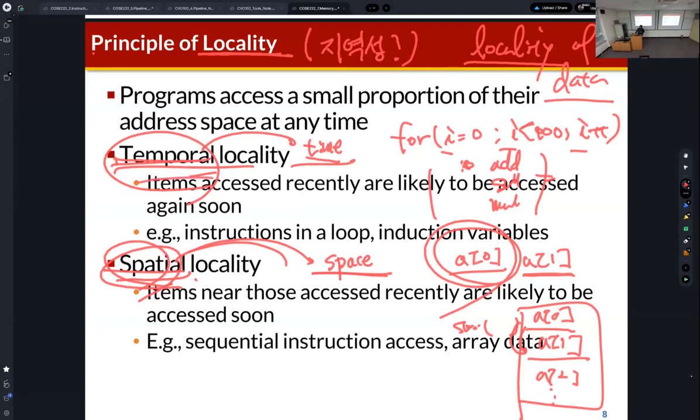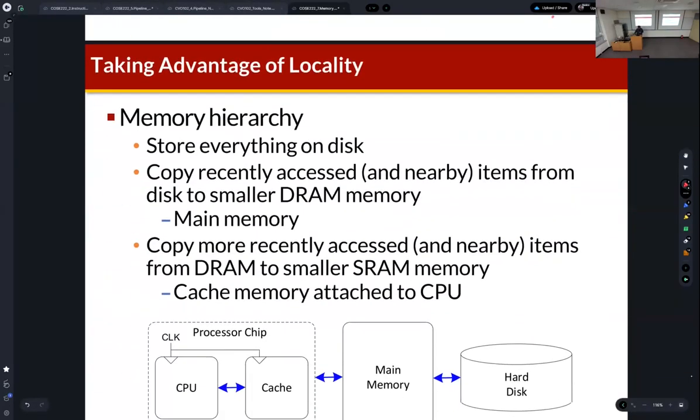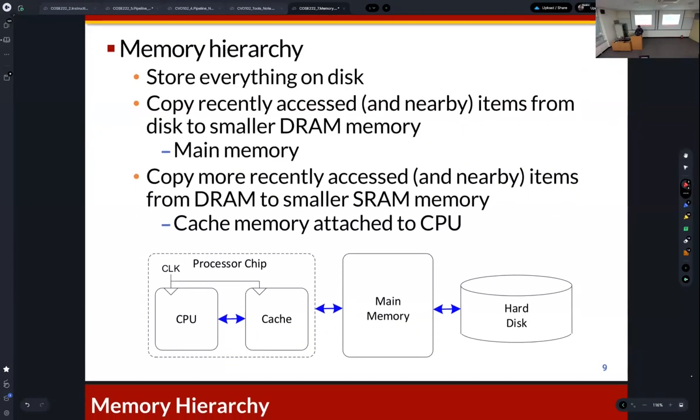In our applications, temporal locality and spatial locality are frequently observed. These are characteristics of our applications, and this locality is exploited in the memory system, actually in the memory hierarchy. Then what is the memory hierarchy?